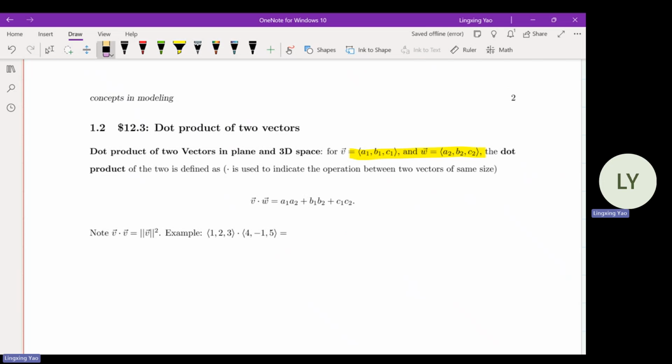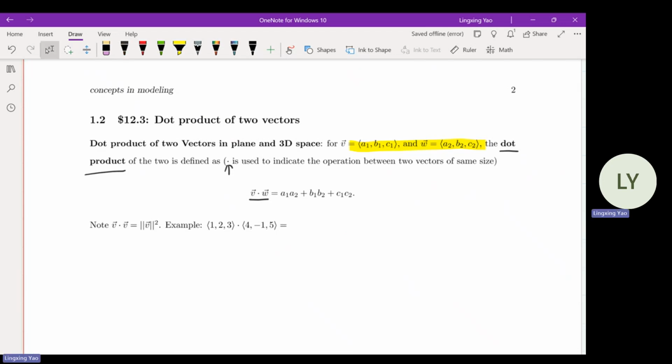All right, and then the dot product of those two vectors, and particularly this dot is a special operation defined for these two vectors, is obtained by multiplying the corresponding components of each vector, and then the products are summed together.